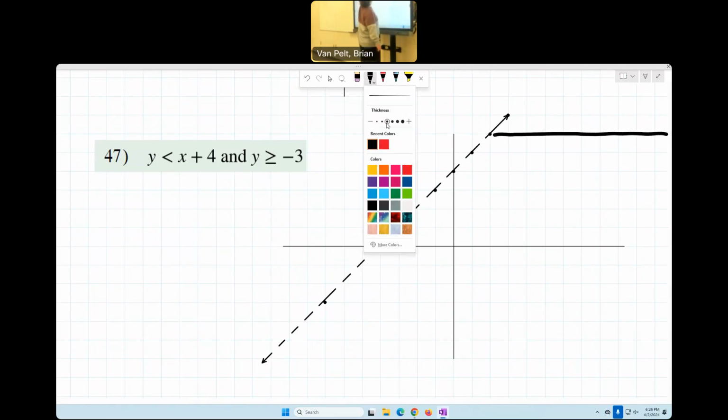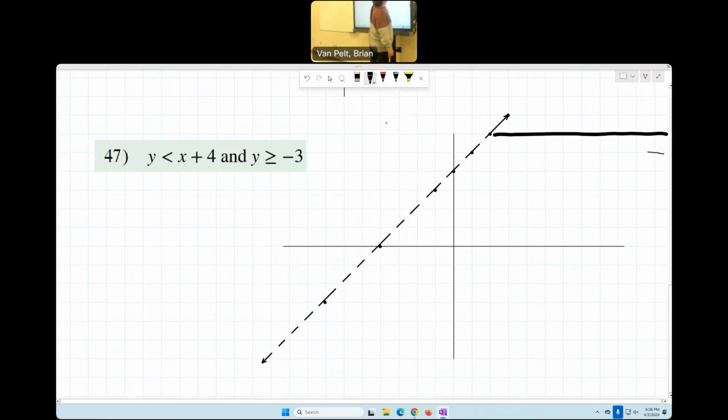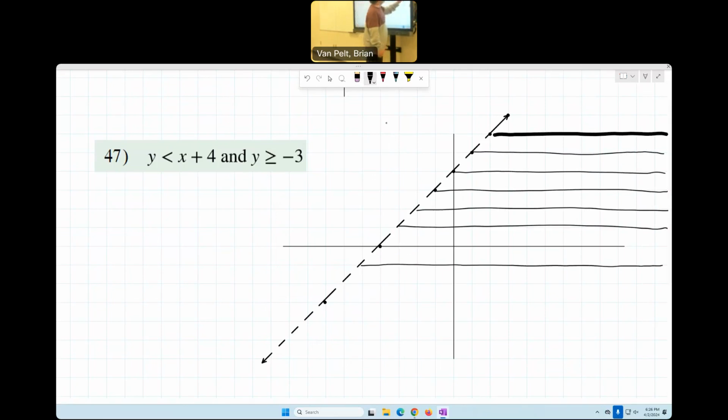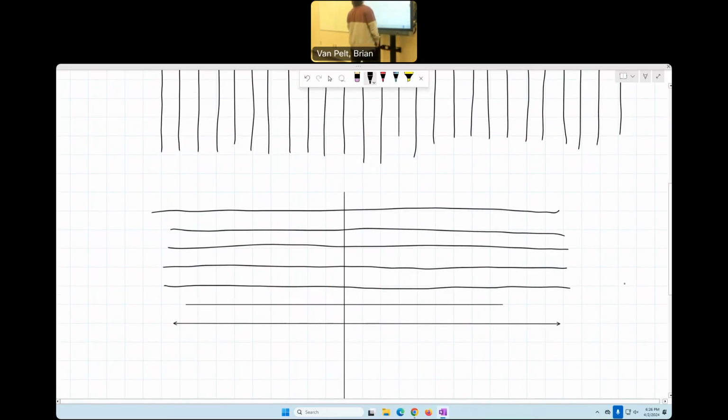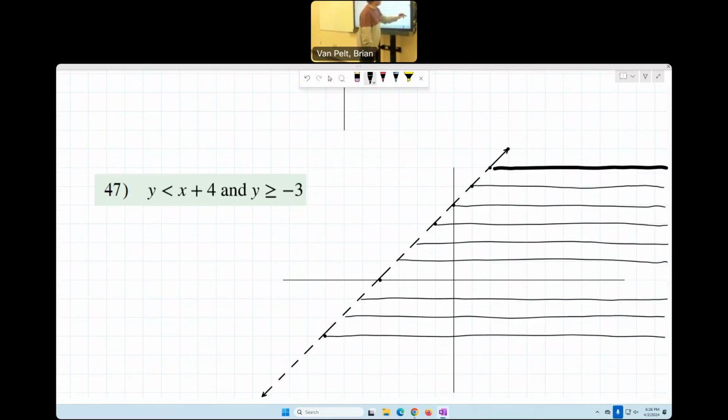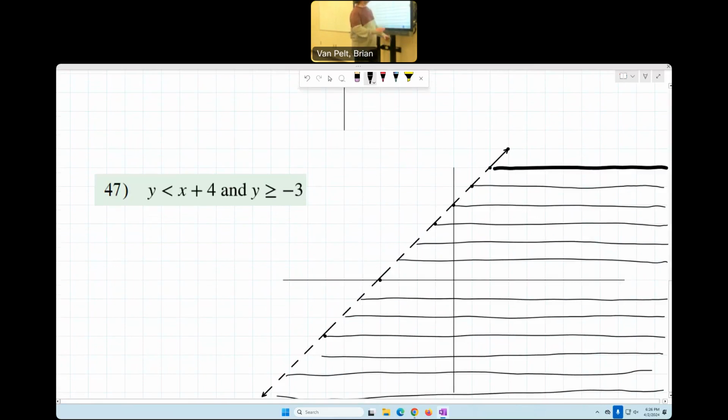Or reasonable thickness. All right, so there's the first one.